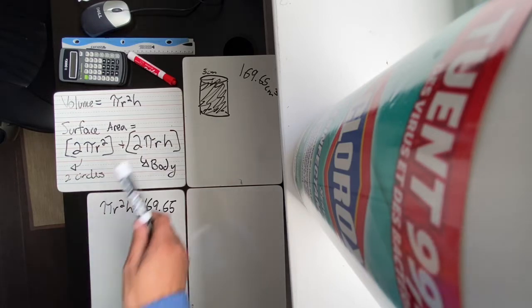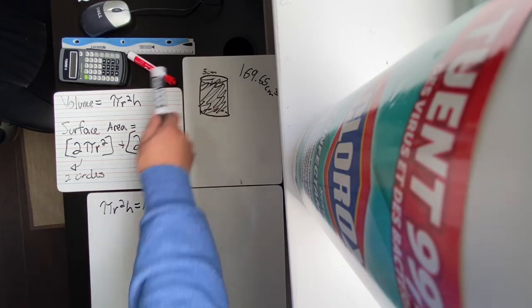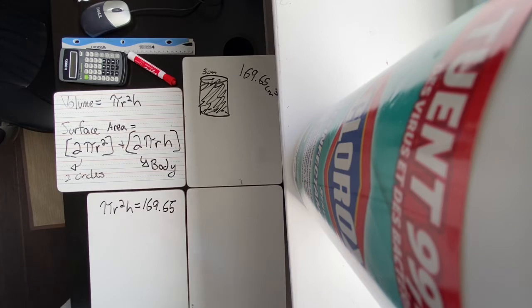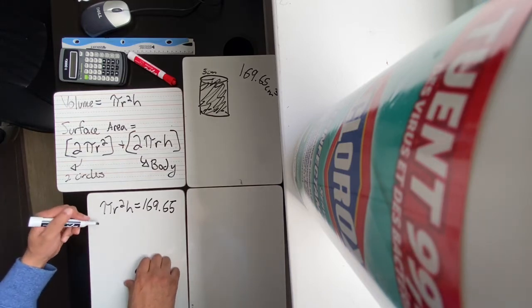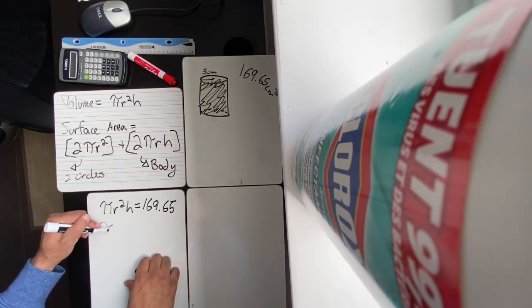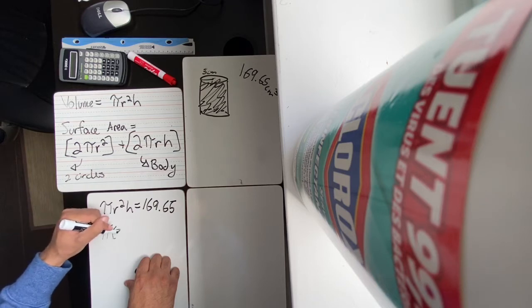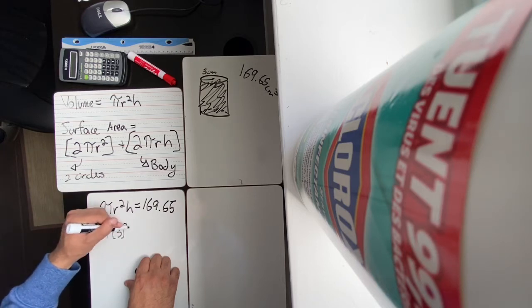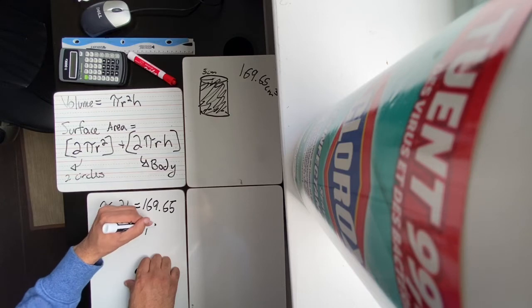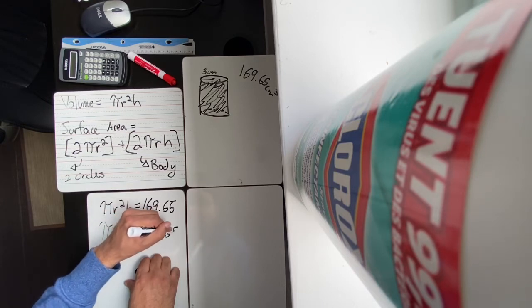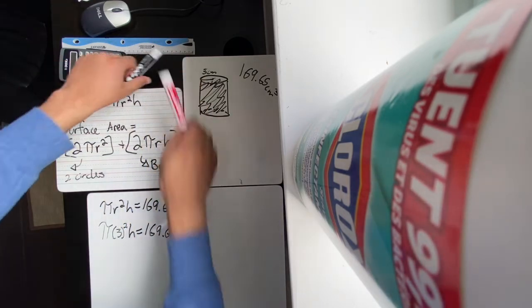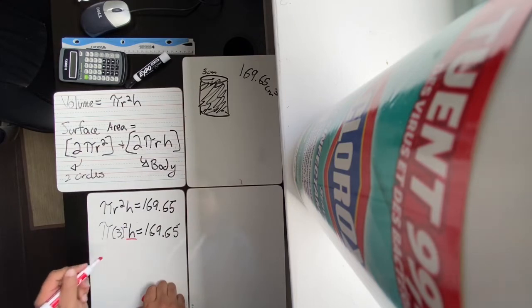We know that the radius of the cylinder is 3 centimeters. So our updated equation looks like this: pi times 3 squared times h equals 169.65. And we're looking to find the height. How tall is this cylinder?